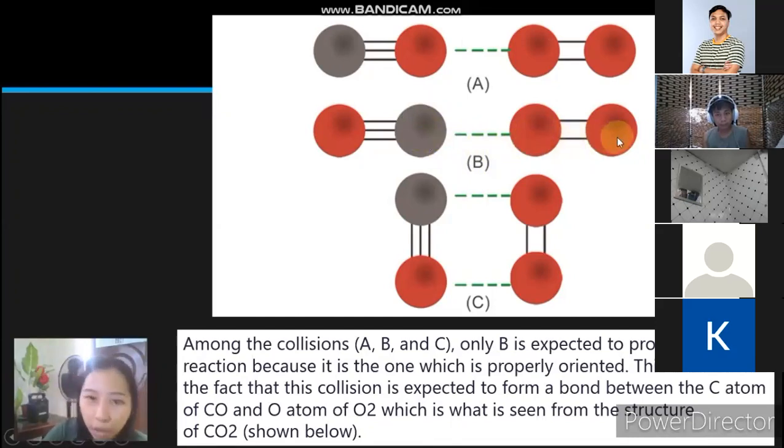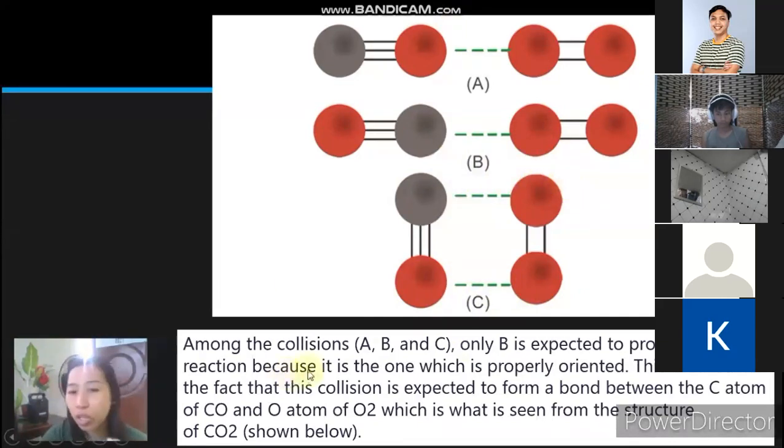Pwede pod ining naka-vertical. So, in this case, duha ang nag-interact. Ang C sa imong CO ug ang isa ka O sa imong O2, and the O in your CO and isa ka O sa imong O2. So, magtapad na sila dinha, naay mabuo nga bond, no?